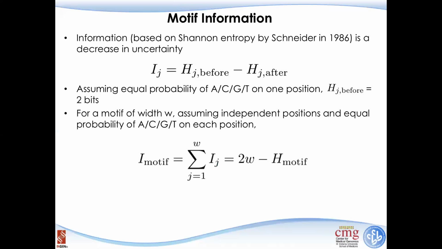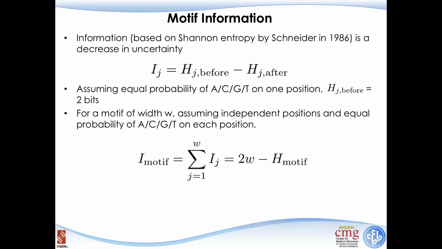Let's assume, as I said, that ACGT have equal probability at one position, so before it is 2. After that, if it's still random, the information score is 0 because 2 minus 2. But if it's quite conserved, we compare against the random one, so 2 minus 0 is 2. That's the reason why we see in the motif logo the highest, most conserved A in the third position, where the score is 2. The information is 2 bits.